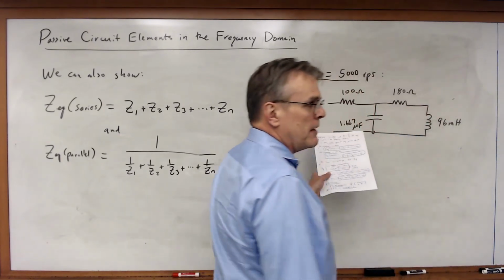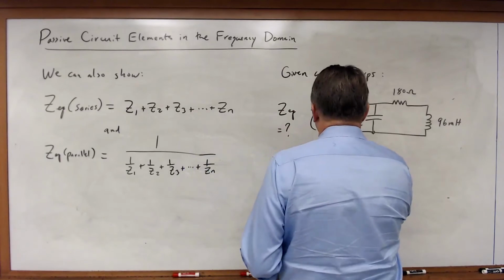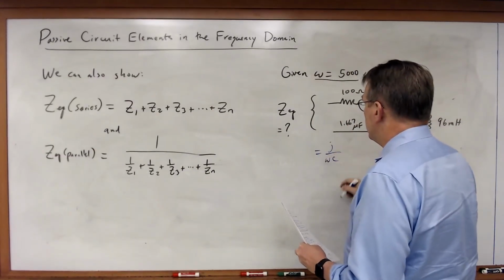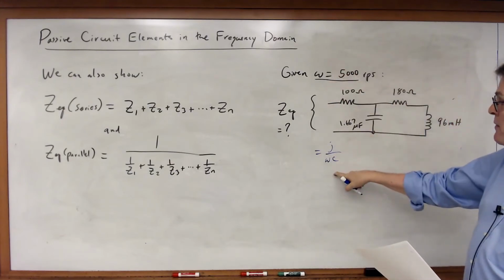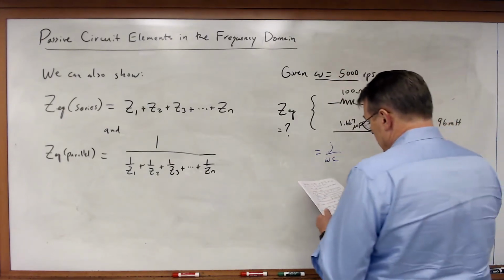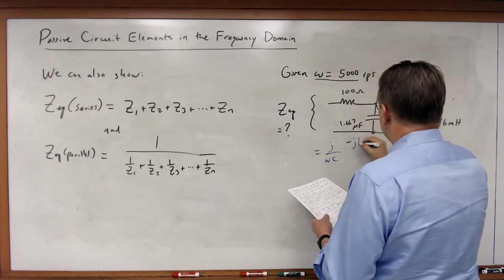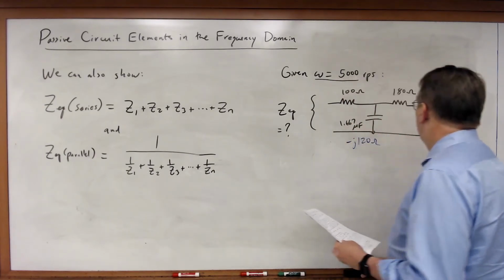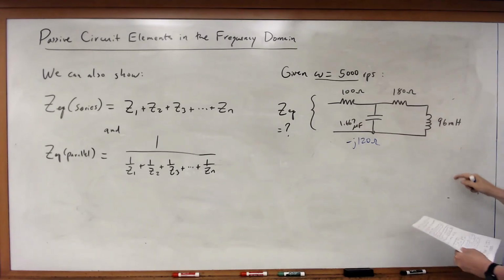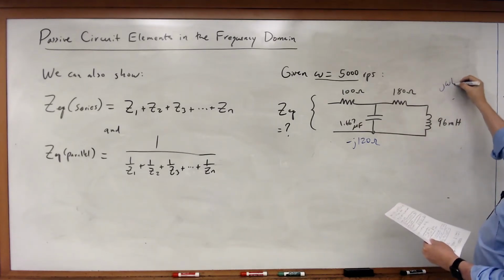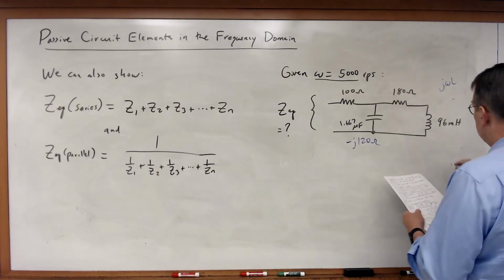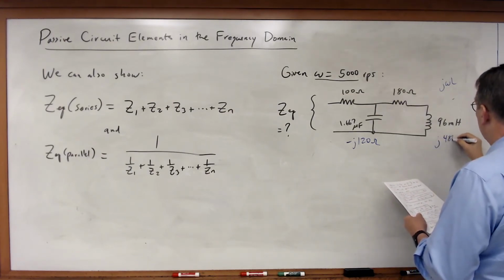The capacitor, we have minus J over omega C. Plug in omega equal 5,000, and what we will get is minus J 120 ohms. Over here with the inductor, J omega L is our formula for impedance. Plug this in, and we're going to get J times 480 ohms.